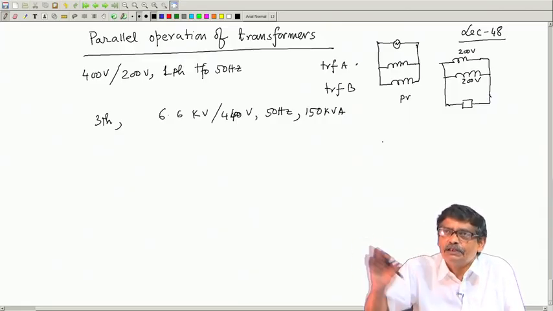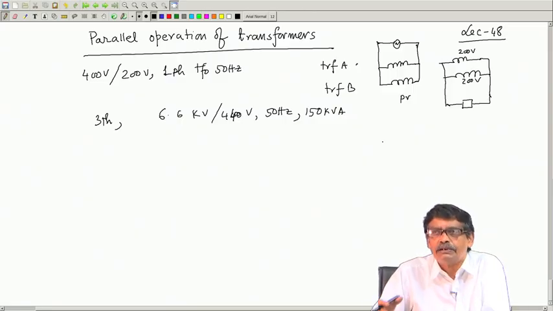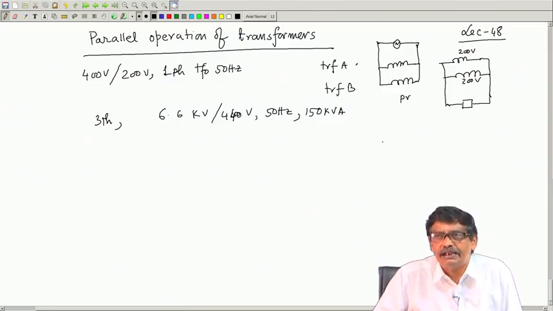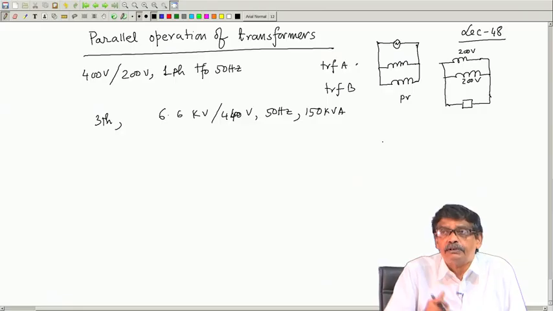So, if one transformer is faulty, temporarily power will be interrupted to some consumers, but you connect that new one and take the faulty one for servicing. That is the whole idea, very simple logic, nothing great. But that is why operating transformers in parallel assumes importance.